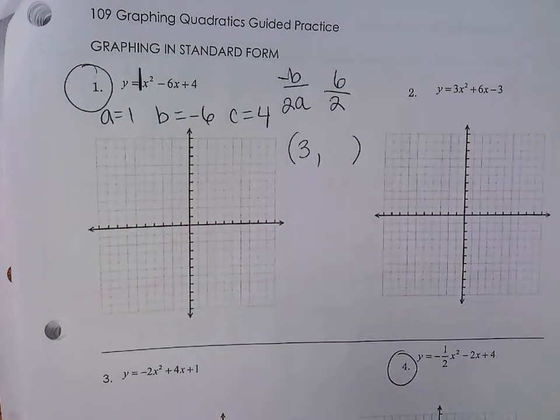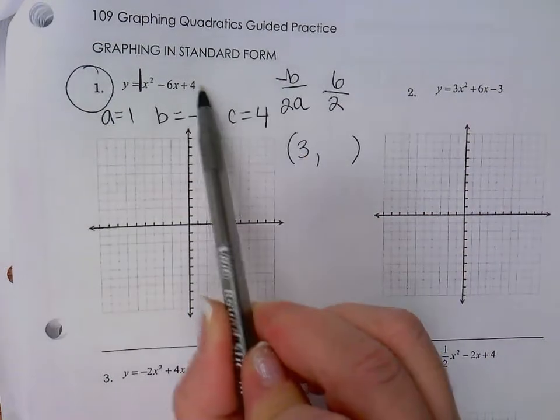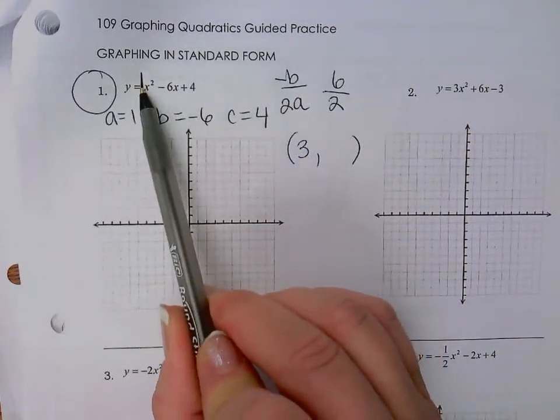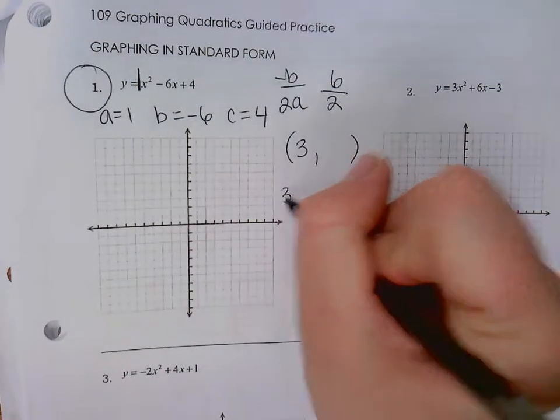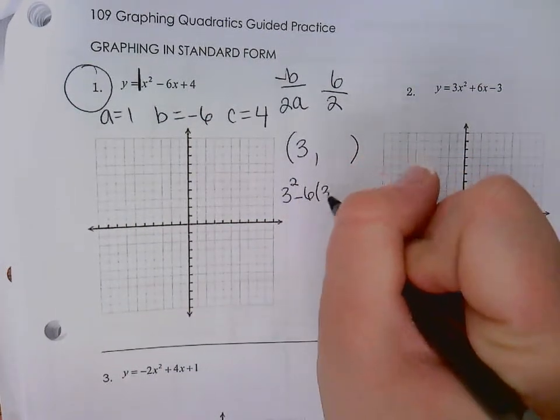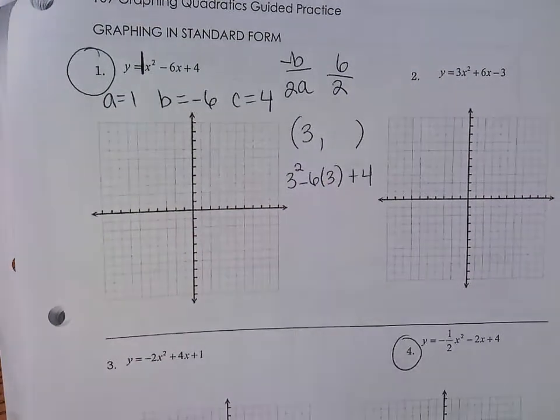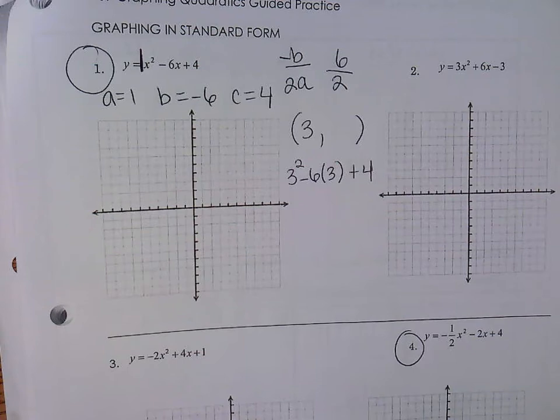Once I have the x value, I'm going to plug it into my original equation to produce the y value. So I'm going to do 3 squared minus 6 times 3, and then add 4. Why don't you do some mental math and think about what that y value would be.